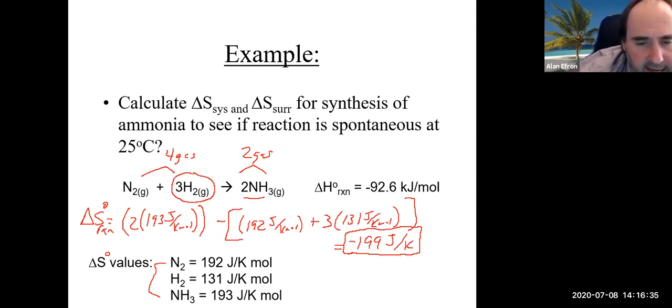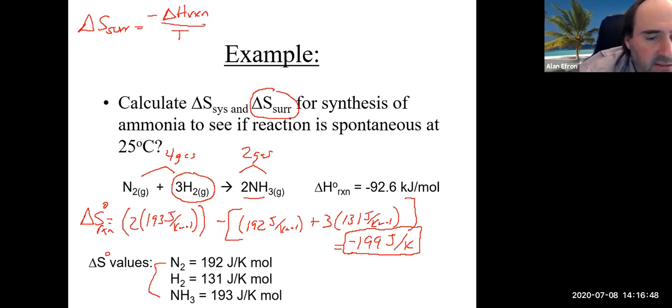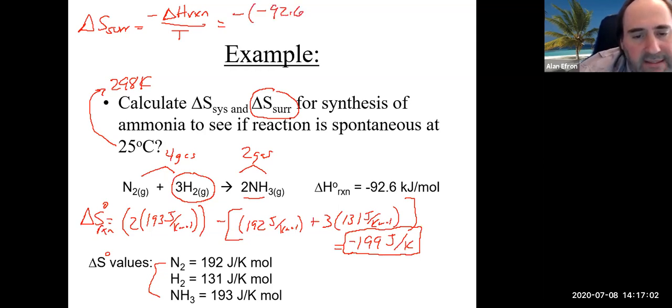Now, we also want to calculate our delta S of our surroundings, and that has to do with the relationship of our minus delta H of the reaction divided by our temperature that needs to be in Kelvin. So 25 is 298 Kelvin. I'm going to put this in. That's going to give us minus 92.6. I'm going to multiply this by 1,000 to convert it to joules.